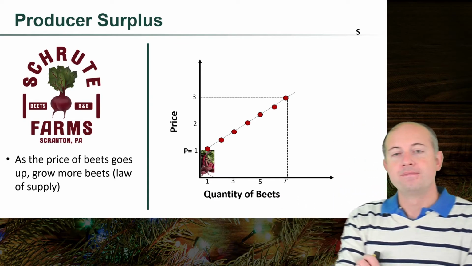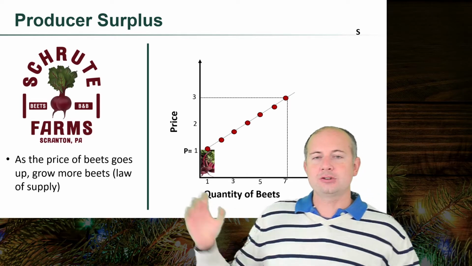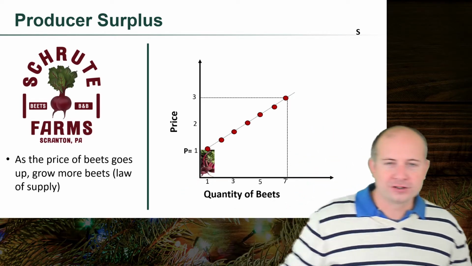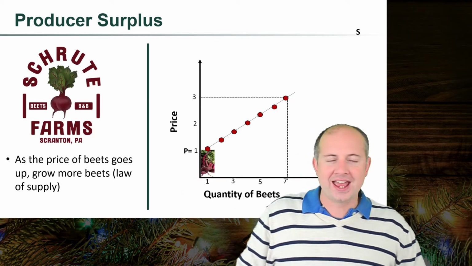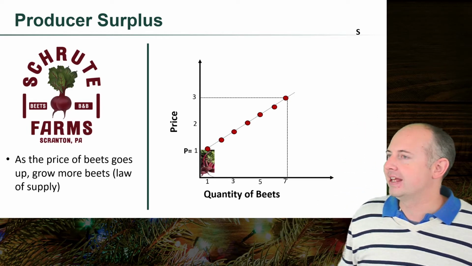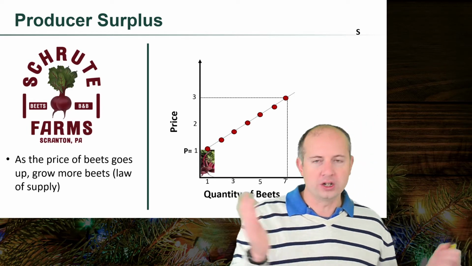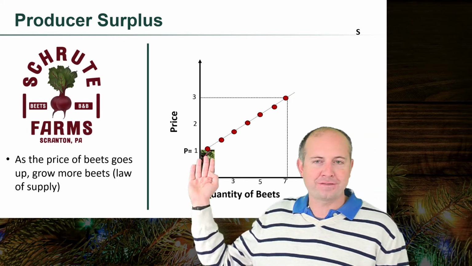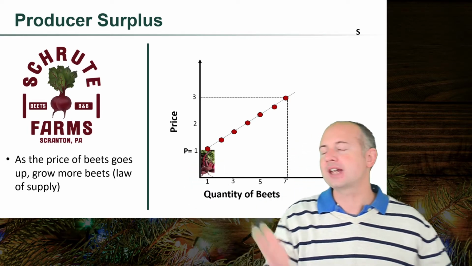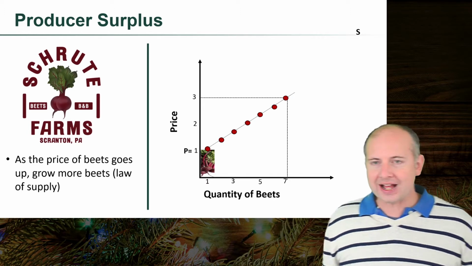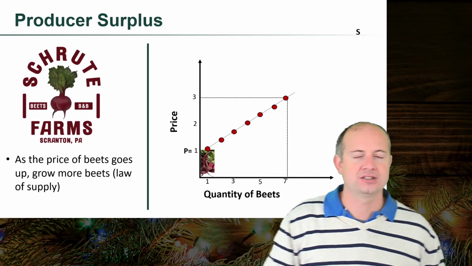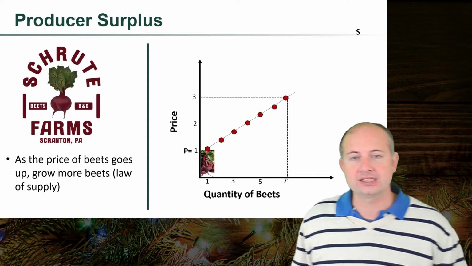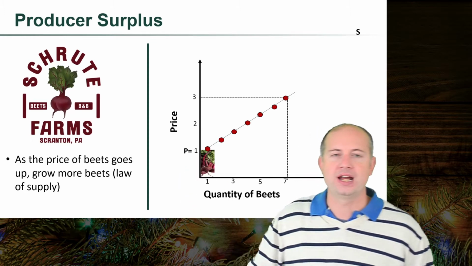He's got a little beet garden in his front yard, just does it for fun, and maybe he spends $1 in seed and soil or whatever to grow that beet. And so as long as he can sell that for $1, he's going to grow that beet. Below $1, he would just opt not to grow any beets. So the minimum price he's willing to accept for that one beet is $1. Okay?